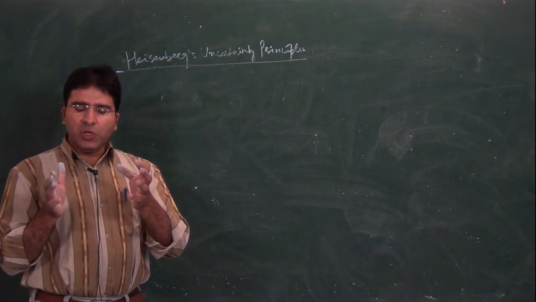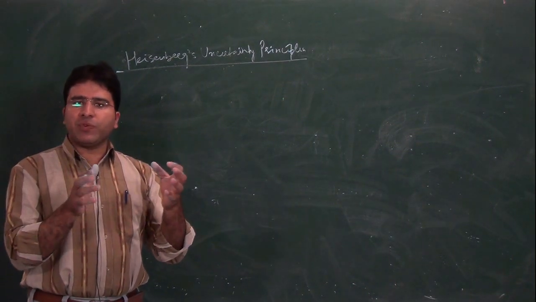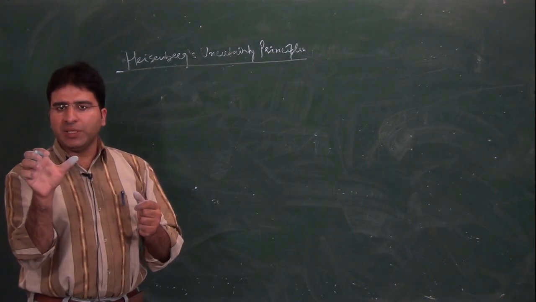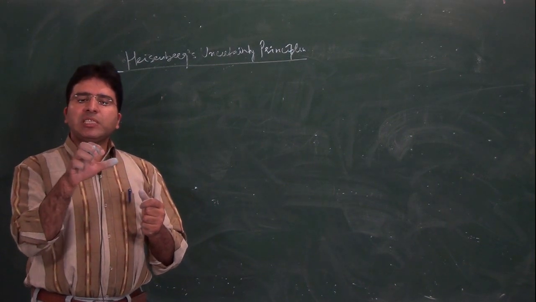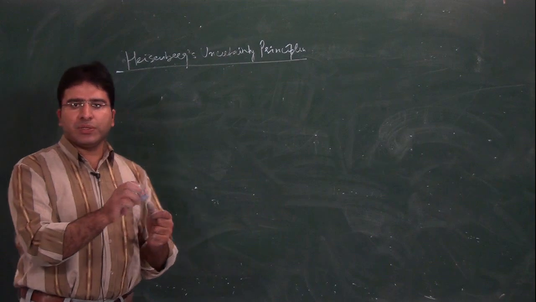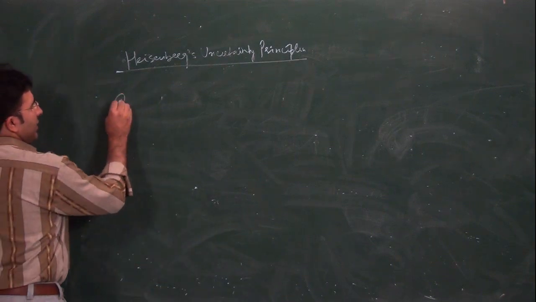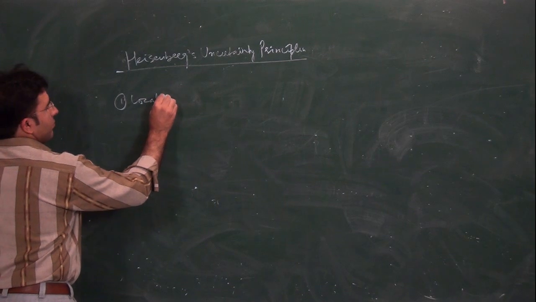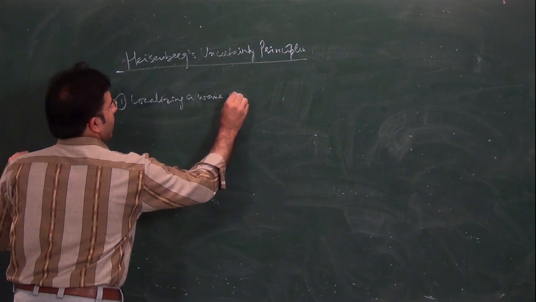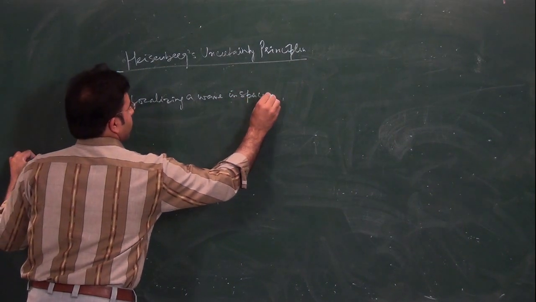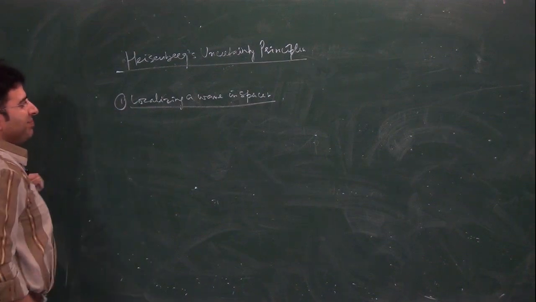Now when we localize a wave in space, from that we obtain a relation, and Heisenberg's uncertainty principle is derived from that particular relation. Now, localizing a wave in space, you will understand it.